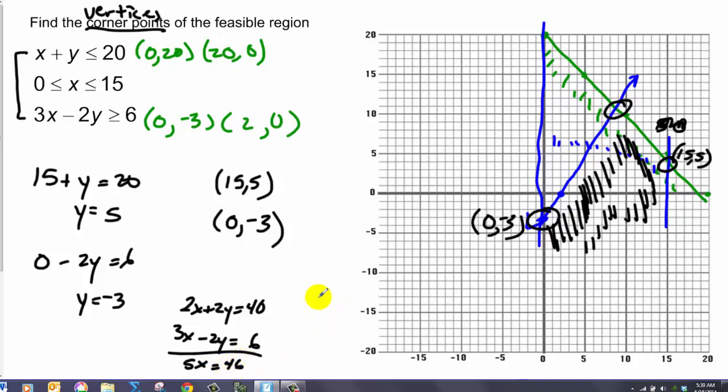Yep. So that's 46 over 5 is equal to x. Then I'd have to plug back in to get y, and y ends up equaling roughly 54 over 5. So this point, once again, right here, is going to be 46 over 5 and 54 over 5.